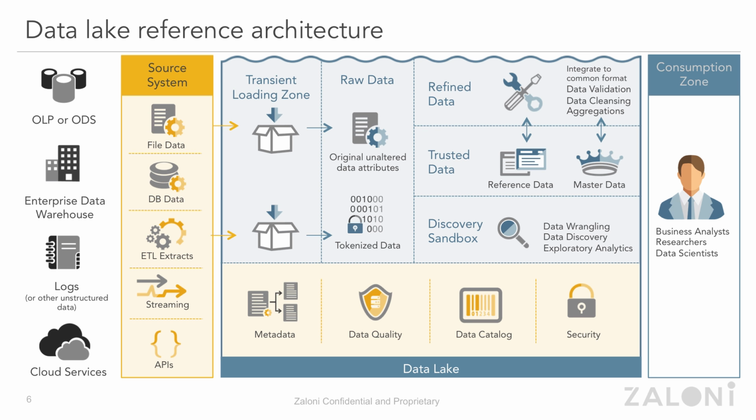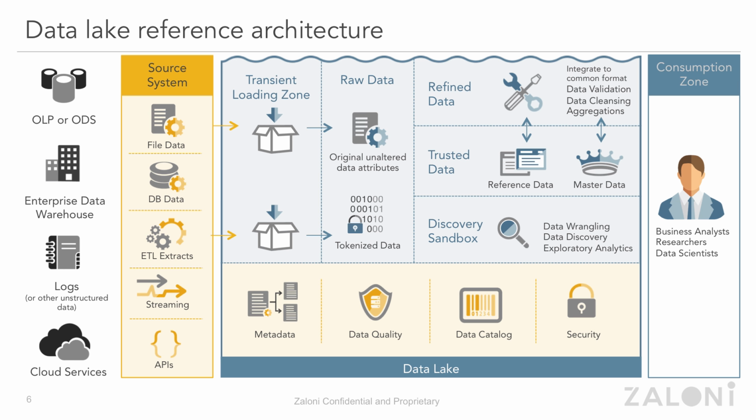Once the data comes into the data lake, we think about it as different zones of data. You can think of a transient landing zone for getting the data into the data lake that could be removed once the data is in the right place. Then we have a raw data zone where the data stays in its original unaltered state for whatever retention period you need, right?